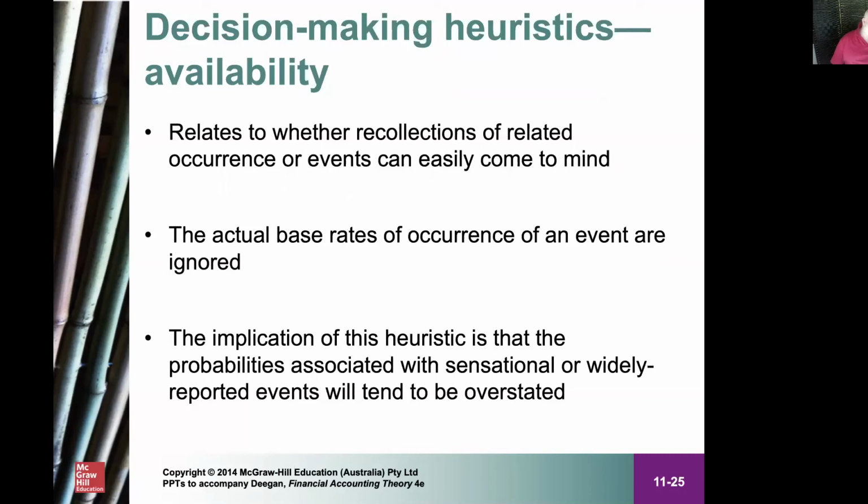The problem is if you've got something that's sensational, widely reported, the probabilities associated with that tend to be overstated. We give it a greater importance than perhaps we should.